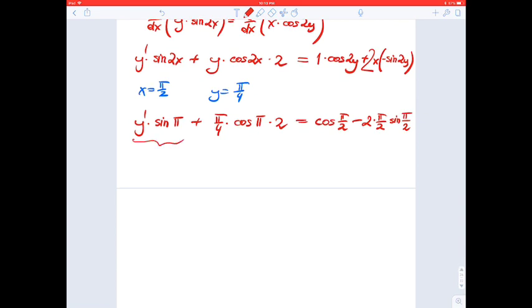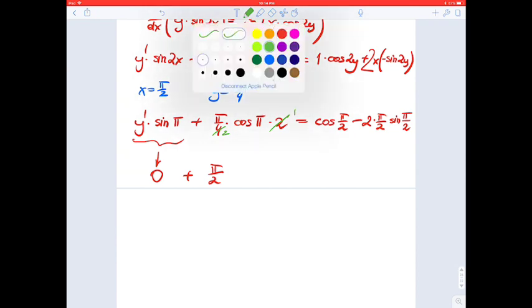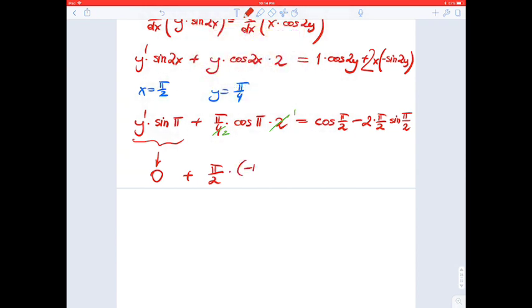Unit circle. This is pi, sine at pi is actually 0. Cosine at pi is negative 1. I can write it down. Let's see what I did. 2 and 4. Okay, I did simplify. And now cosine at pi is negative 1.